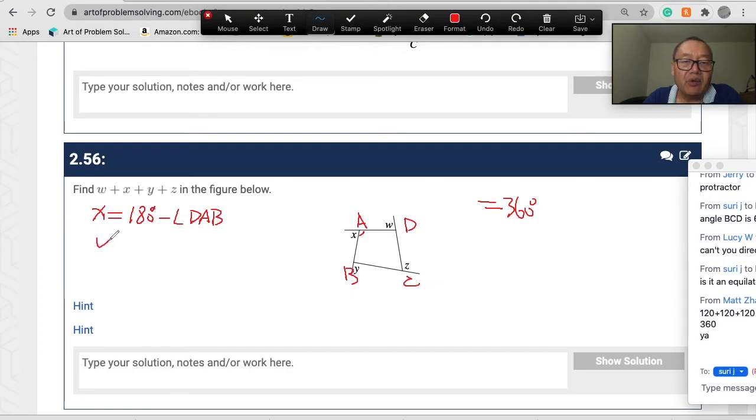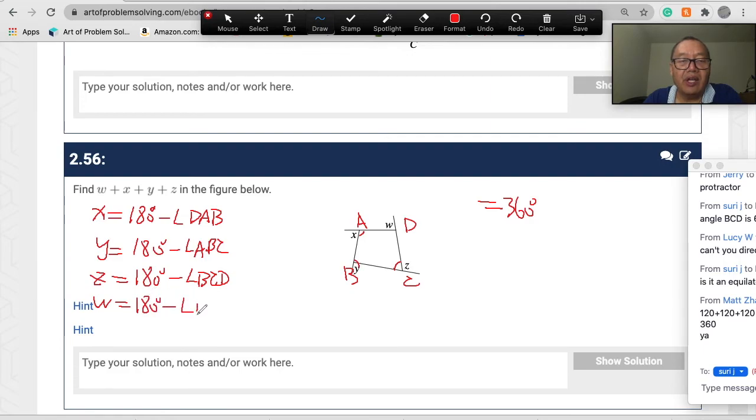Then you can get y equals 180 degrees minus angle ABC. You can get z equals 180 degrees minus angle BCD. Then you can get w equals 180 degrees minus angle ADC, right?